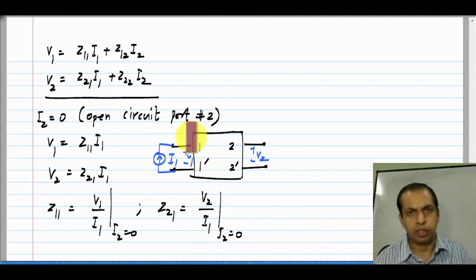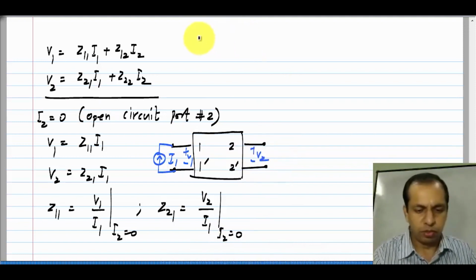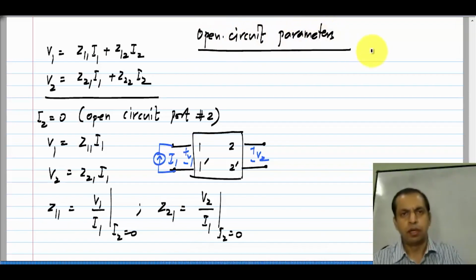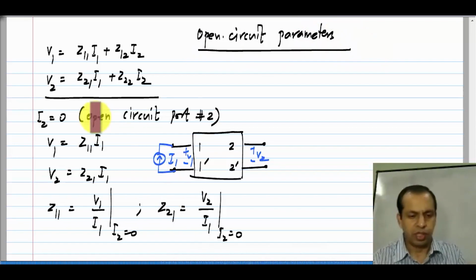Now, because you make these measurements with the second port open circuited, these Z parameters are also known as open circuit parameters. So, you set I2 equal to 0. So, only one of the independent sources comes into play, that is all that is there to it.